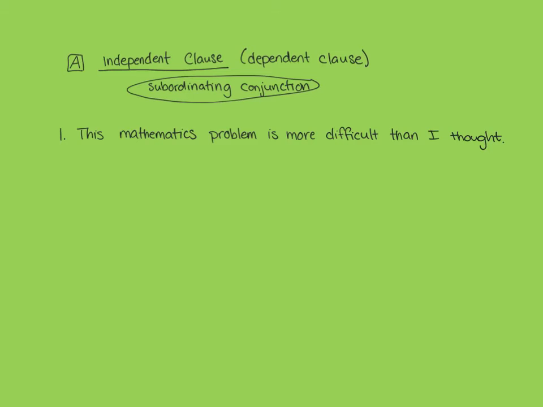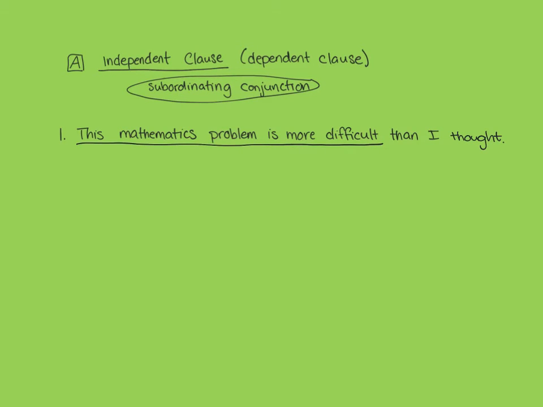I will do number 1 with you. So the full sentence is, this mathematics problem is more difficult than I thought. So if we look, this mathematics problem is more difficult. That could be a sentence all on its own, which means it is an independent clause, so I will underline it.